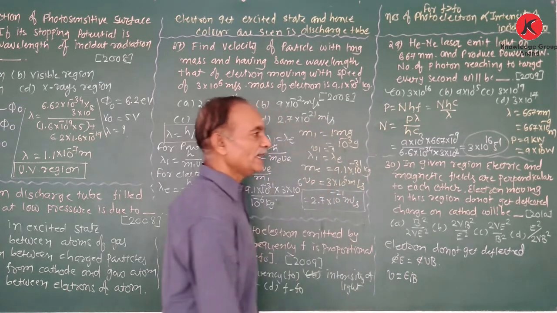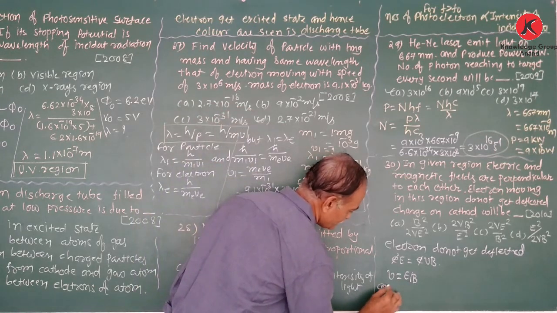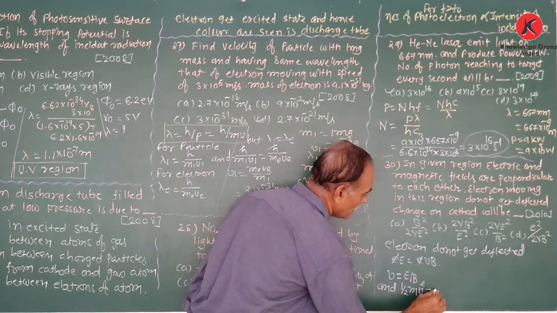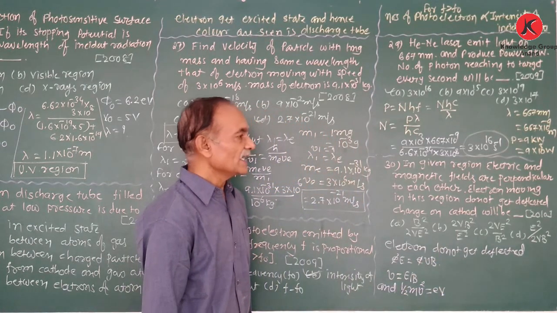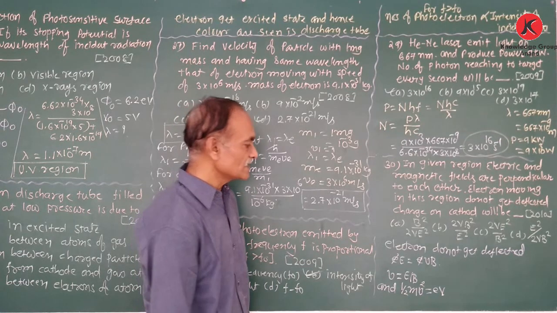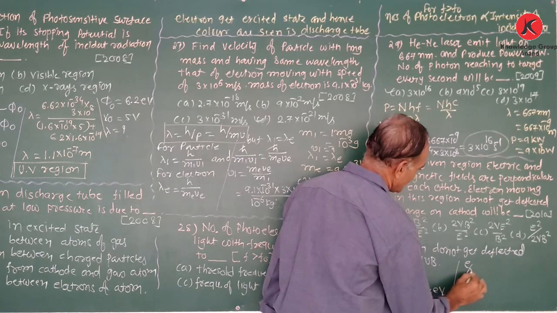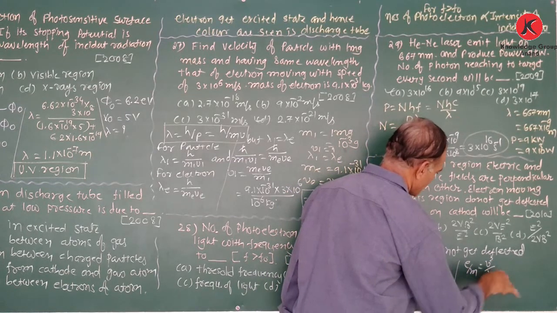And also we know that the maximum kinetic energy, half mv square, is equal to eV0 or eV. And we substitute the value of v square. e upon m is equal to v square upon 2V.